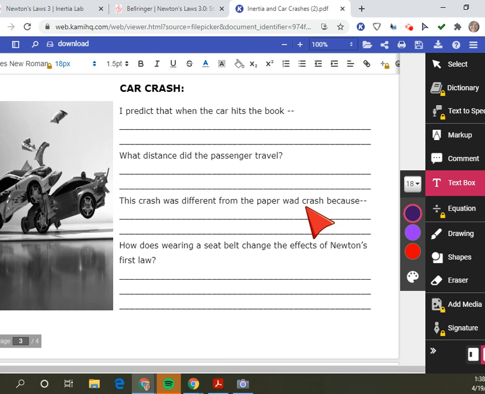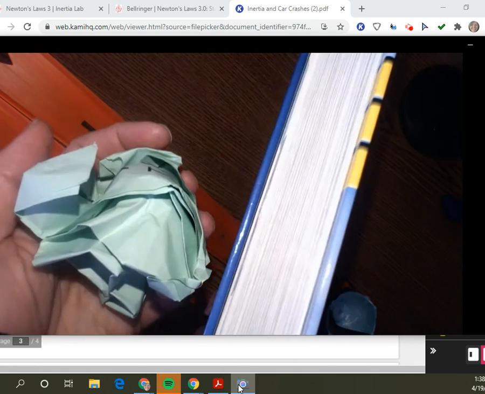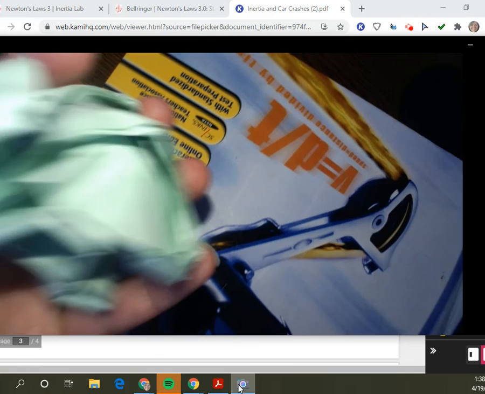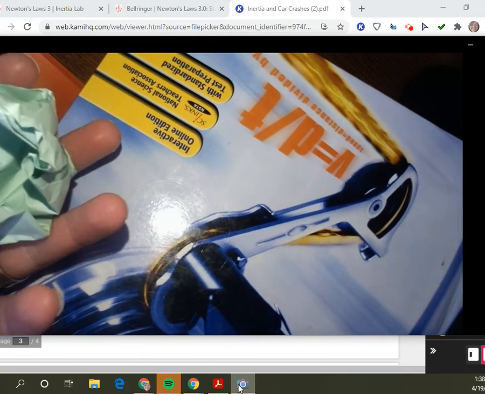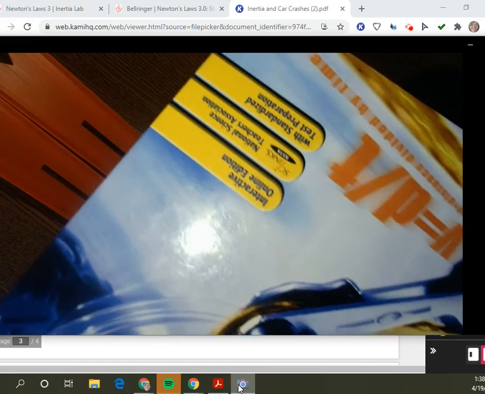A harder impact, all right? And when you say taller, if this is the height of the paper wad and the thickness of the book, yeah, from that perspective, I'm sure. But what is true about this book versus this paper wad? Bigger weight, okay, it has a greater mass, so therefore it has a greater weight.